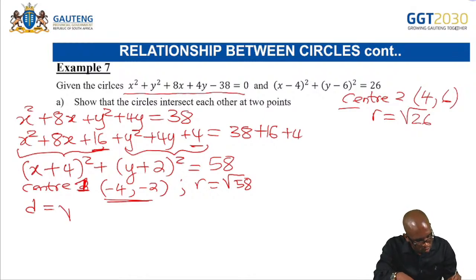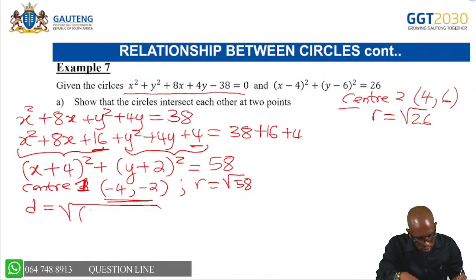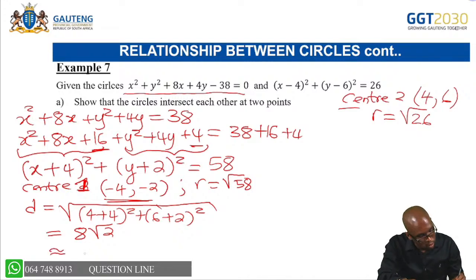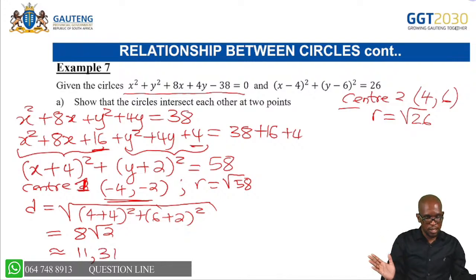So D would be the square root of (4 minus minus 4, that is 4 plus 4) all squared, plus (6 plus 2) all squared. This simplifies to 8 root 2, which we approximate to 11,31. That is the distance.